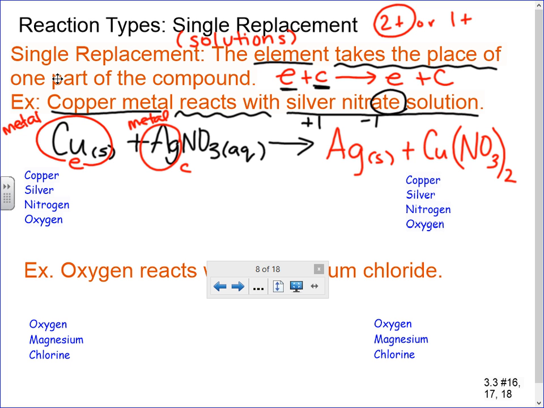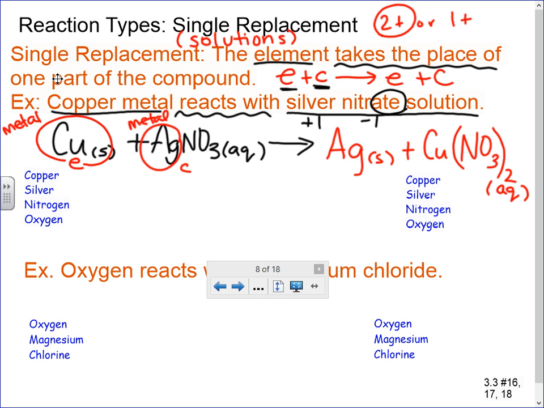I'm going to ask myself, is that compound soluble? Using my solubility table, I'll see that, yes, copper 2 nitrate is soluble. In fact, everything makes a soluble compound with nitrate. So I would write AQ, indicating that that compound is soluble.